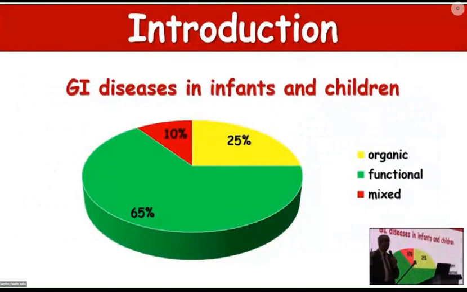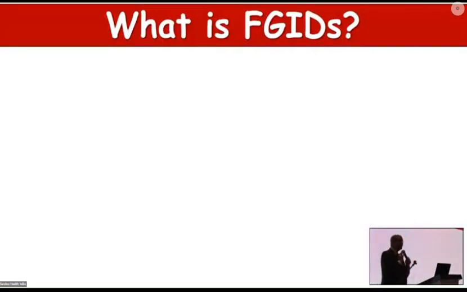First of all, we should know that 65% of gastrointestinal diseases in infants and children are due to functional disorders. Organic disorders constitute only 25%. What is meant by functional gastrointestinal disorders?